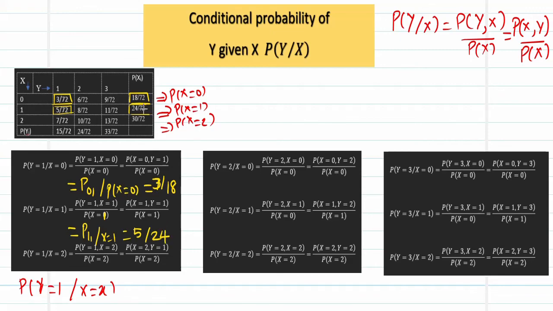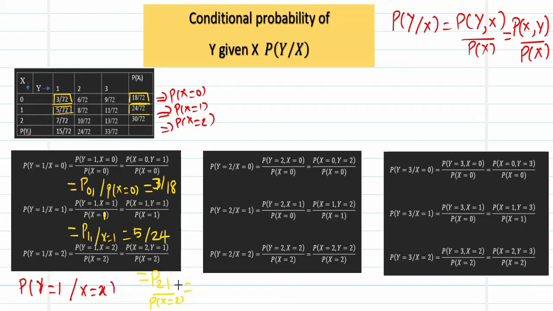The last value is the probability of y equal to 1 given x equal to 2. X takes the third value, which is 2. So it is y equal to 1, x equal to 2 divided by x equal to 2. This can be written in the standard format as p of 2, 1 divided by the probability of x equal to 2.